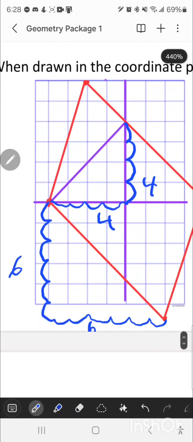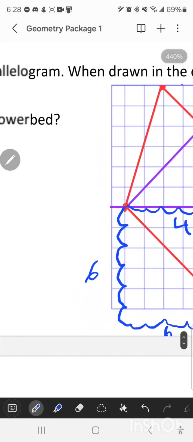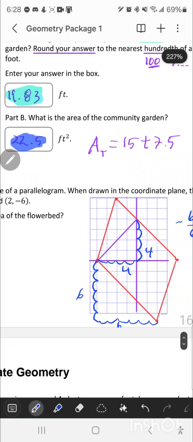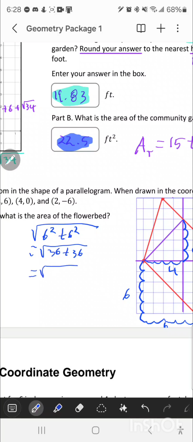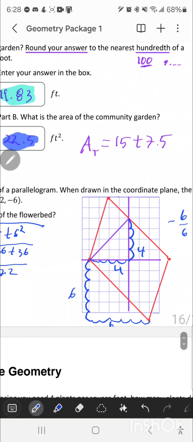As I did before, we use the Pythagorean theorem. I have the sides, so the square root of 6 squared plus 6 squared. 6 squared is 36, 6 squared is 36, so the square root of 36 plus 36, 72. That's my line.